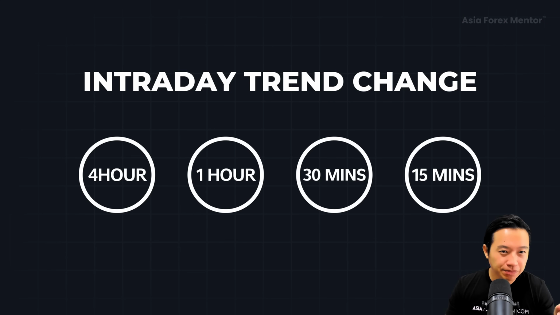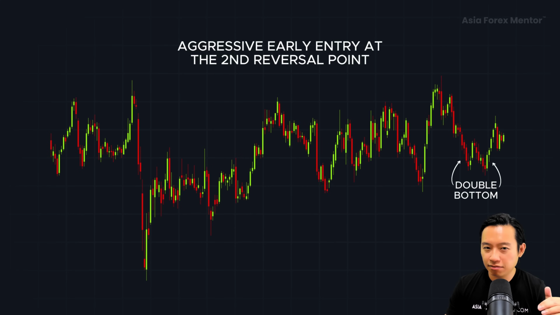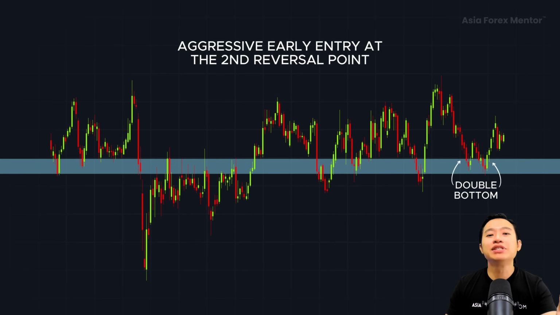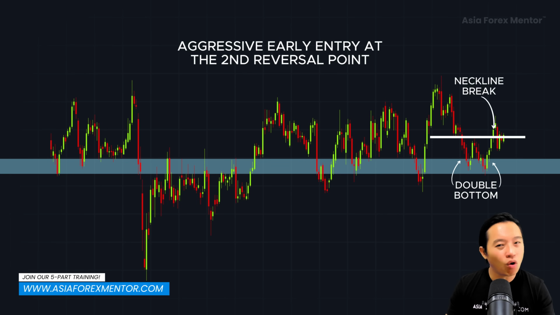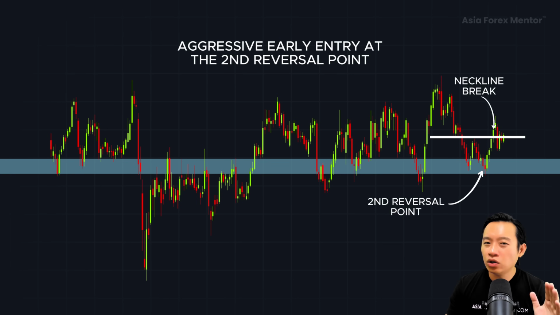Here's another example. This double bottom here is at a key support level. It presents a long trade setup. If you wait for the neckline break, you wouldn't be able to get in until all the way up here. We want to get in early, right down here at this second reversal point of the double bottom pattern.